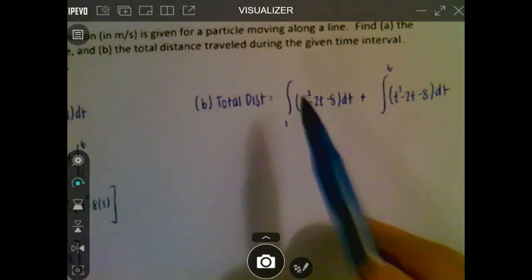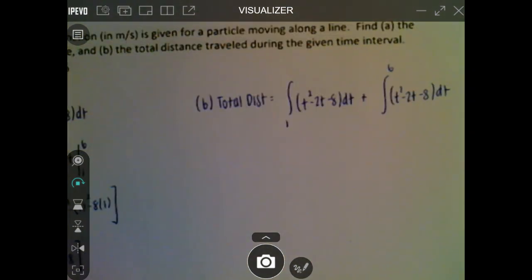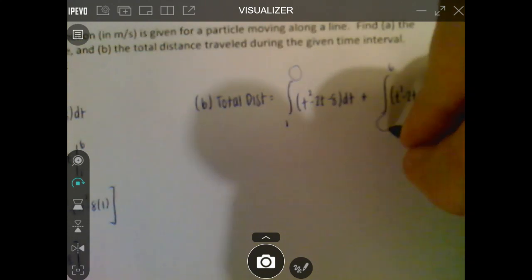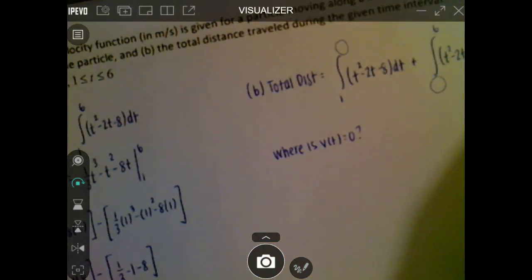So the question is, what is this value? What am I splitting my v of t into? Well, the first thing I need to know is where is v of t equal to 0? Because that's going to tell me what these numbers are going to be.